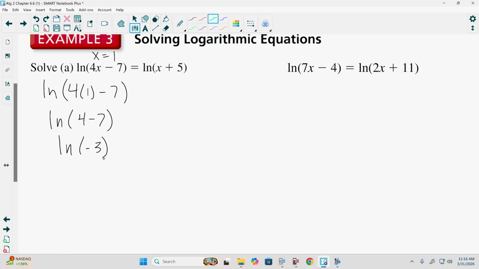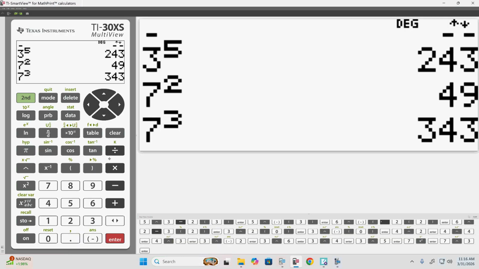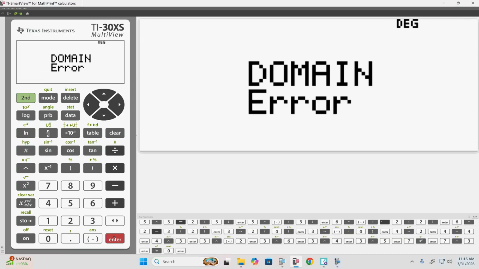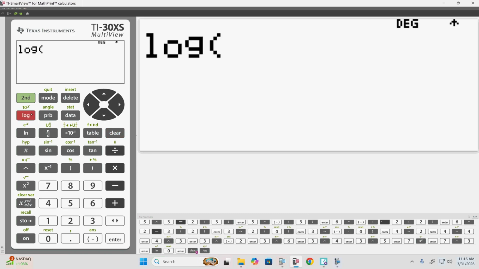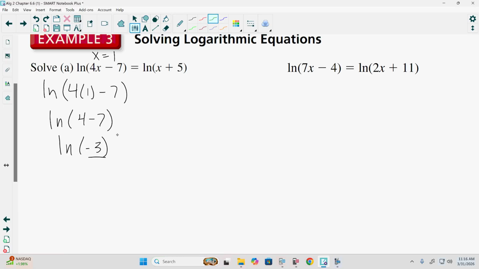It does not work because I cannot take the natural log of a negative. I cannot take the natural log of 0 either. Natural log of 0 does not exist. Domain error. And that's the same for any log. We cannot take a log of 0 or negative.